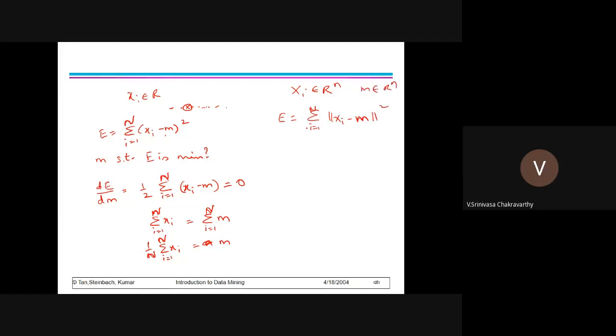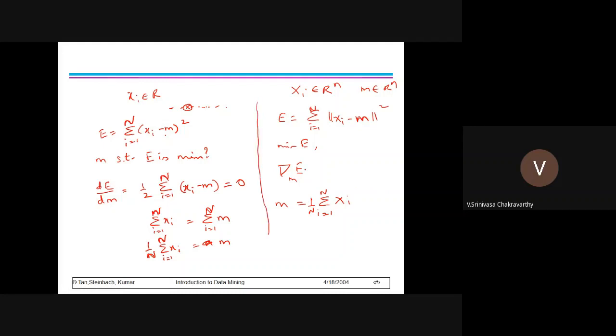Minimizing E would mean del of E with respect to m equal to zero. So again, you'll get the same thing. You will get m is equal to 1 by n times sigma x_i, i going from 1 to n. We'll get the same result even for n dimensions.